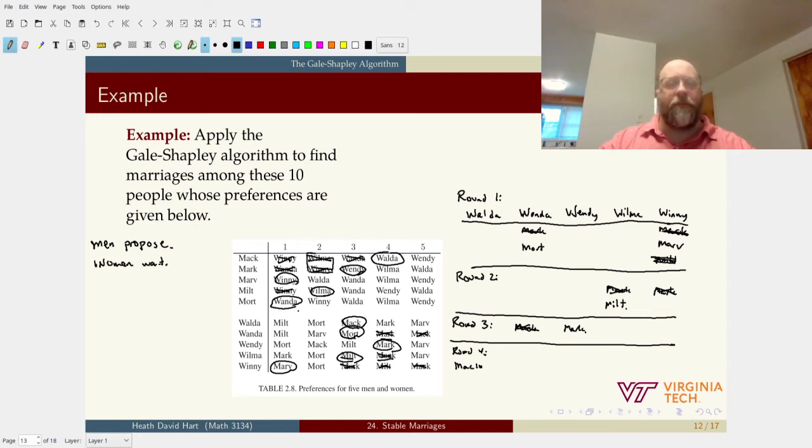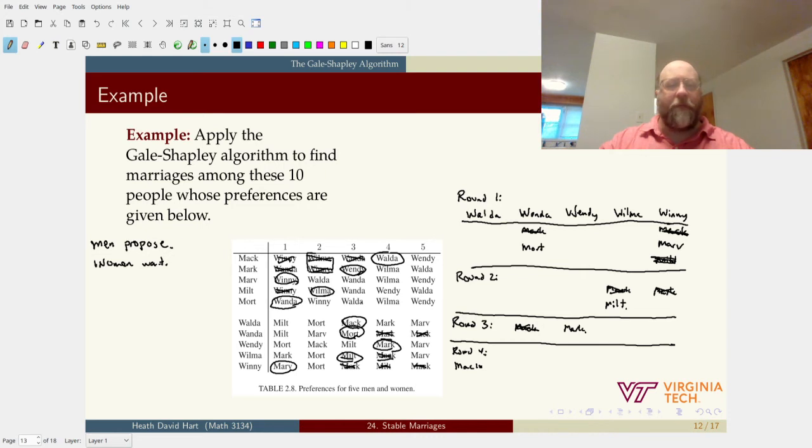That's the idea. And it's not been the case that the women have been rejected by their higher choices, but no man that is a higher choice for a woman would say yes.